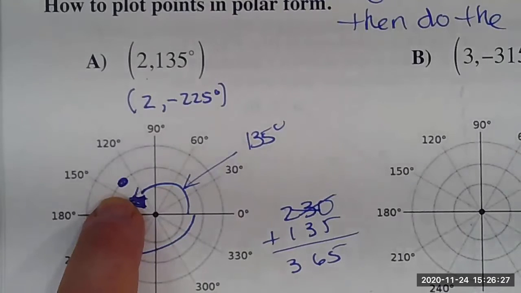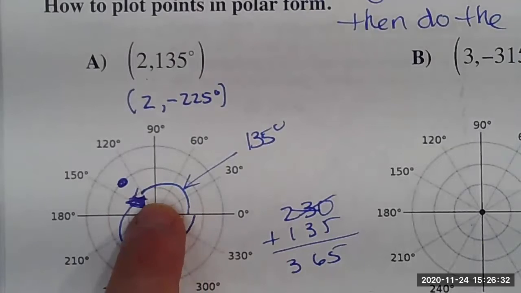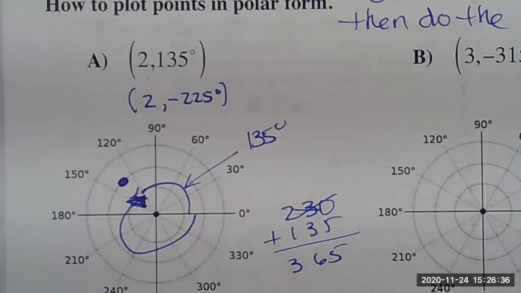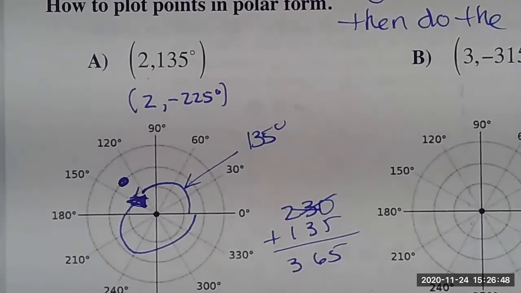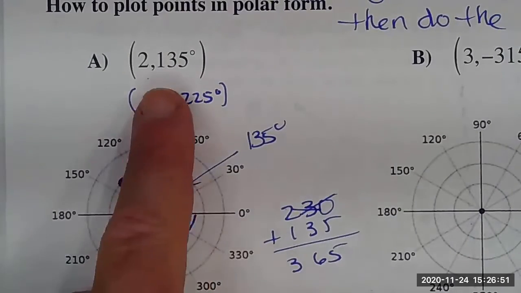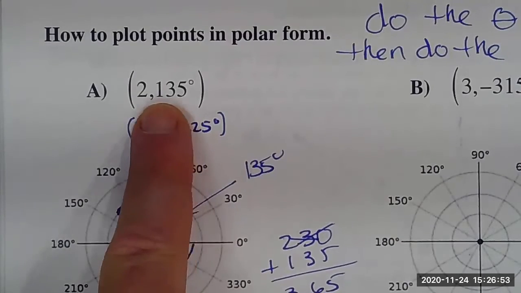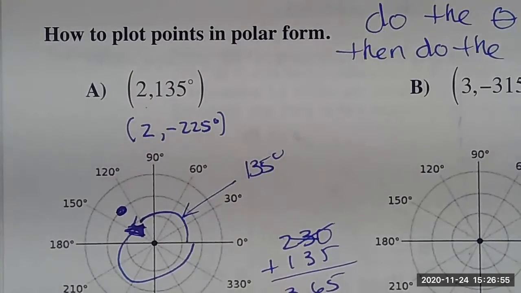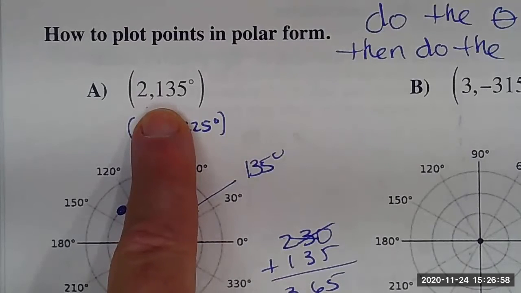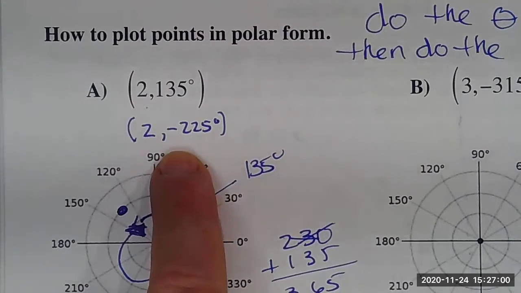You just keep finding coterminal angles to the original, which was 135. Your author in your homework, group quiz and probably on your final exam will say, identify another polar ordered pair that places you in the same position as 2, 135. And that's an example of one.